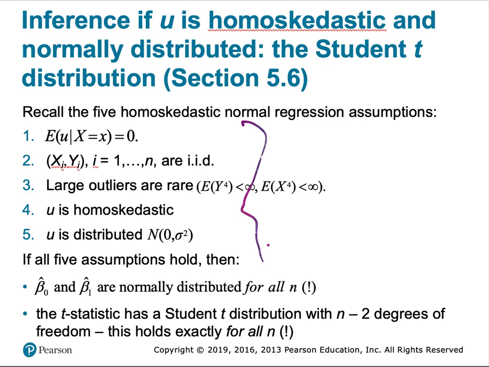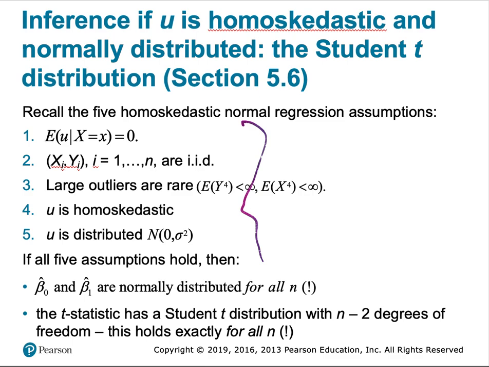Okay, so if all 5 assumptions hold, we see that beta naught hat and beta 1 hat are normally distributed for all n, and the test statistic has a student t distribution with n minus 2 degrees of freedom, and this holds exactly for all n.